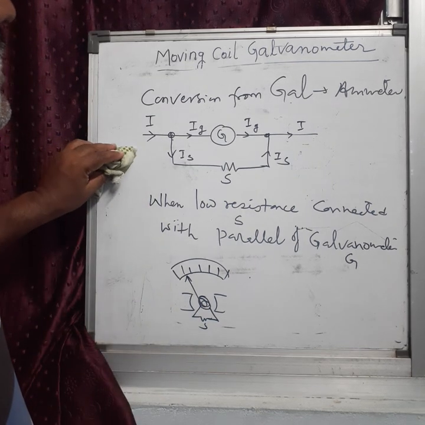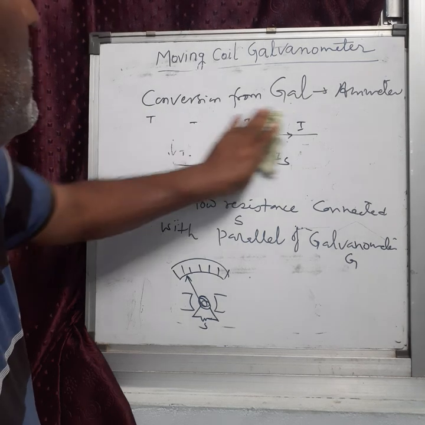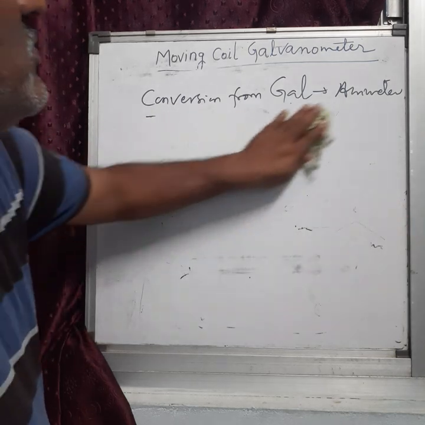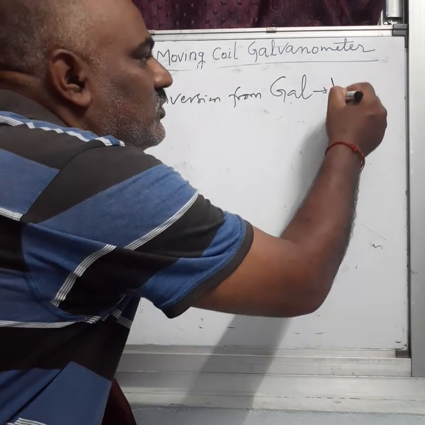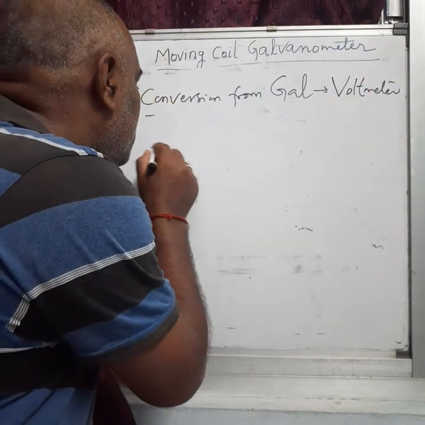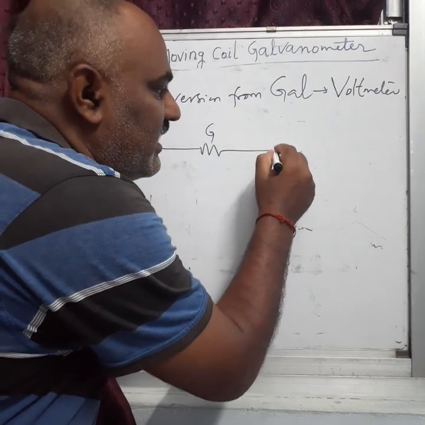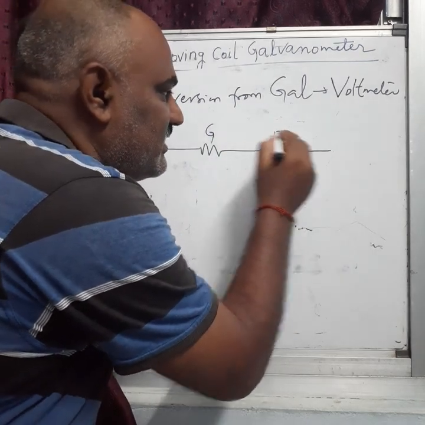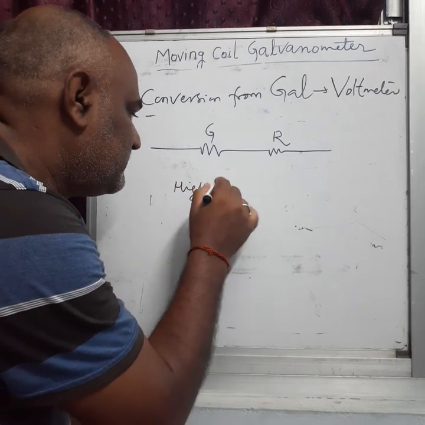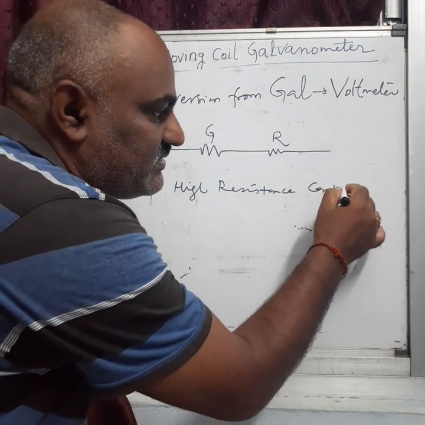Now, how is the galvanometer converted into a voltmeter? The galvanometer is converted into a voltmeter by connecting a resistance in series. Let this one be the galvanometer, and another resistance is connected in series, meaning a high resistance connected in series.